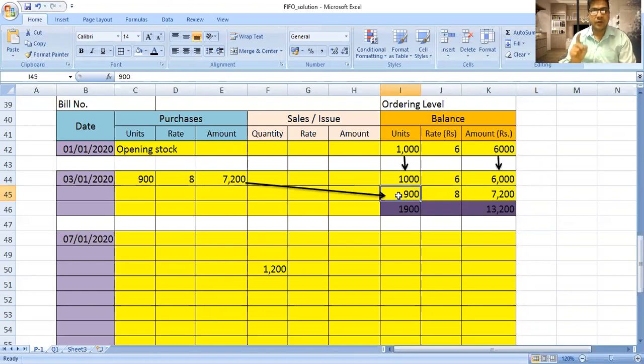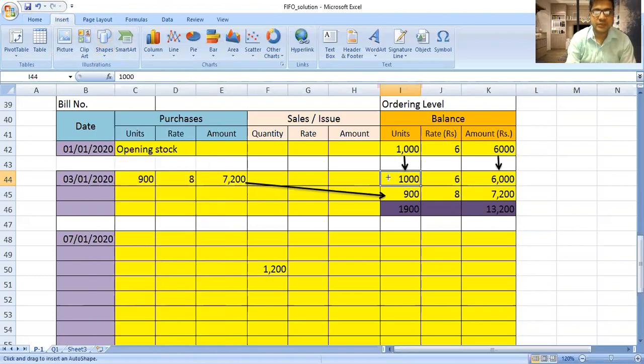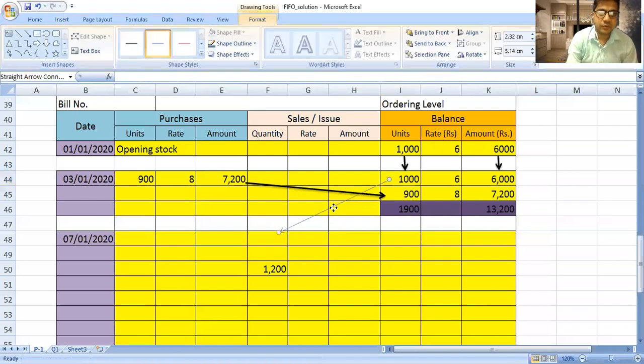Now our method is FIFO. Those purchased first are sold first. Now 1000 units were purchased first, so we have to sell those first.